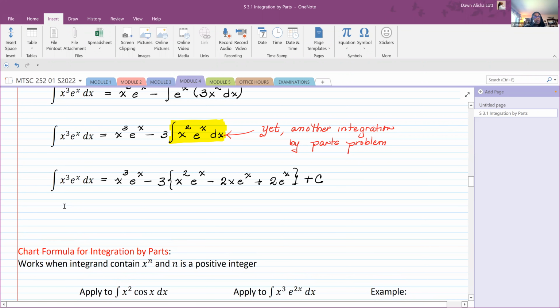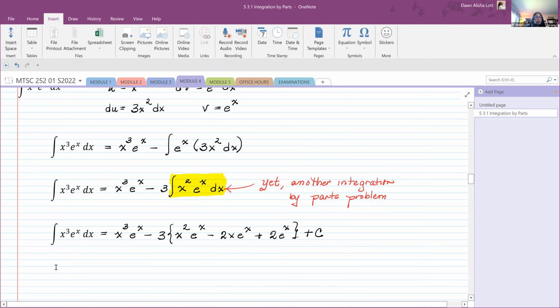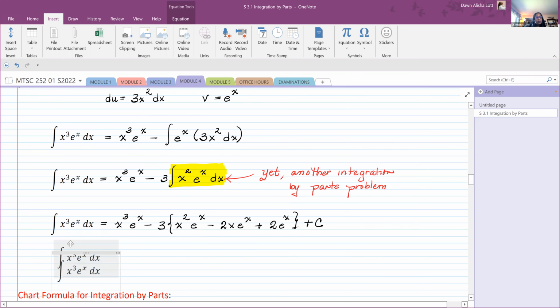All right, so the final answer for this is going to be x cubed e to the x minus 3x squared e to the x plus 6x e to the x minus 6 e to the x plus a constant.